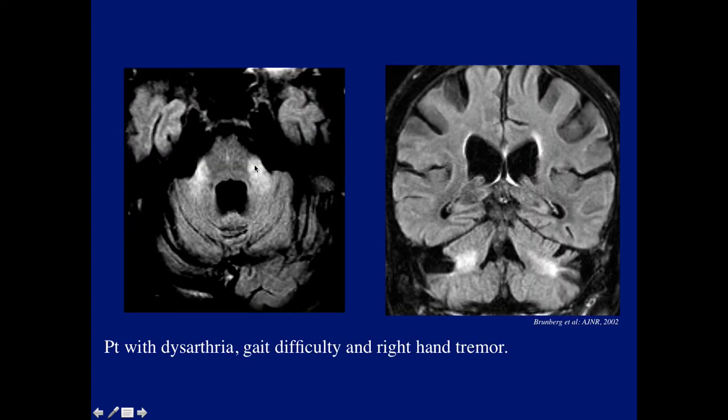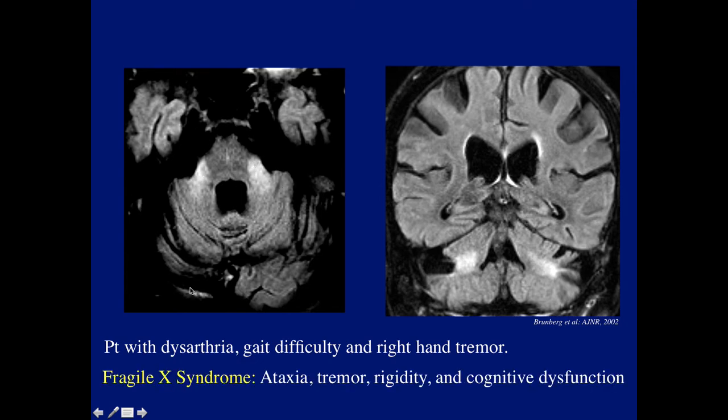Another unusual condition involving both middle cerebellar peduncles is Fragile X syndrome that usually presents with ataxia, tremor, rigidity, and cognitive dysfunction.